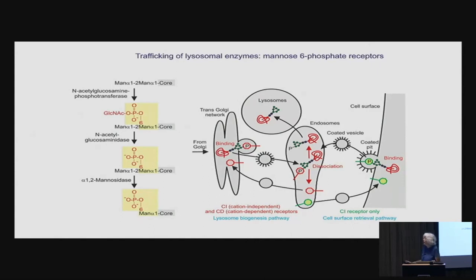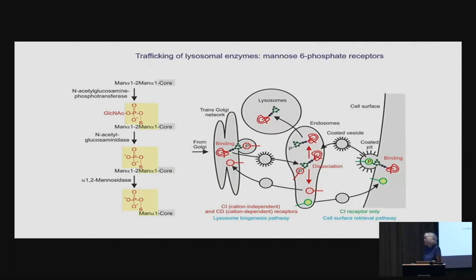And this enzyme will only recognize parts of the lysosomal enzyme, not any other proteins. Okay, so that happens in the cis Golgi. And then in the trans Golgi, there are two receptors which can specifically bind that mannose 6-phosphate. And these are the mannose 6-phosphate receptors, or the P-type lectins.